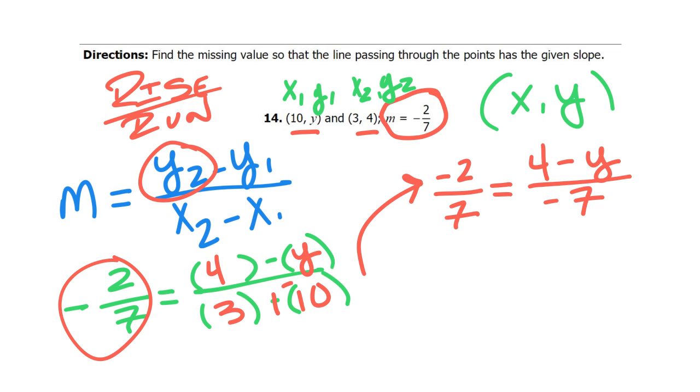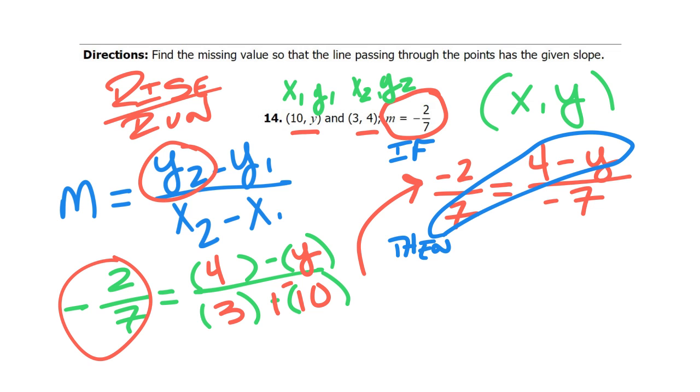Cross products property, it's not cross multiplication. It is actually a property in math that says that if two fractions are set equal to each other, which is called a proportion, then their cross products must also be equal. So this is going to be 7 times 4 minus y, and it has to be the whole quantity.